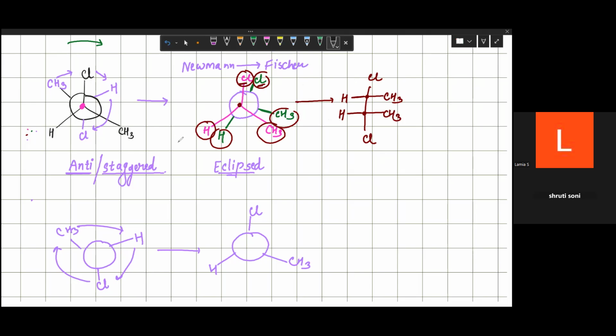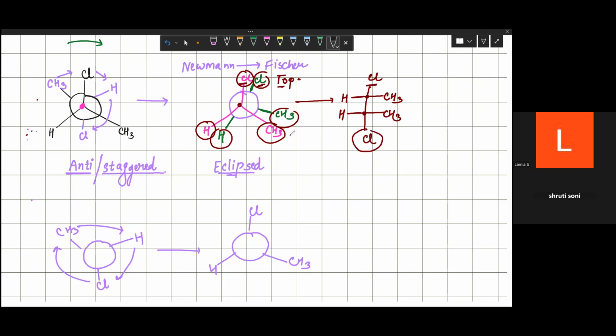Let's see again what we are going to do. When we draw an eclipsed form, the atoms which are on the top side, in the fissure we add one atom or one group on the top side and the remaining at the bottom side.